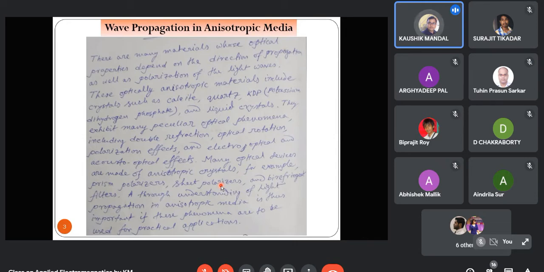So mainly from this first slide, we can conclude that anisotropic materials means their optical properties depend on the direction of propagation as well as the polarization of the electromagnetic waves or light waves.